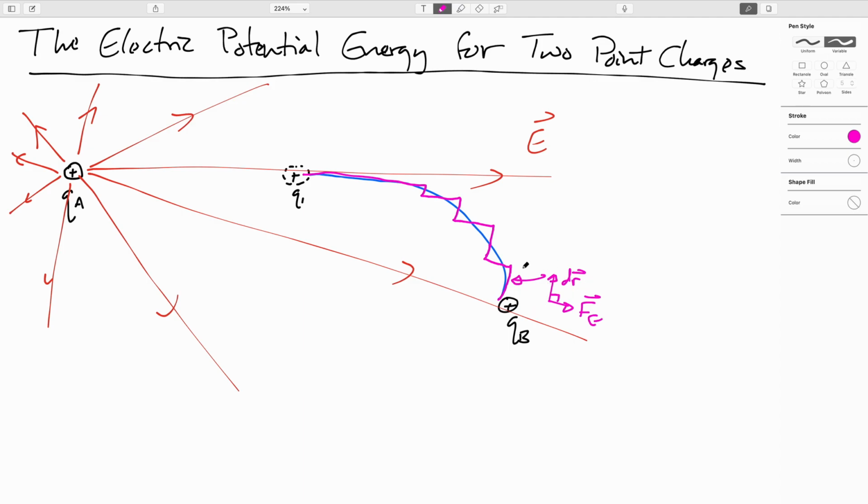So along this circular arc segment, the work done by the electric force is 0. And that's true for every one of these circular arc segments. And along these other segments, it's just going to depend on the initial and the final radius, because the force and the displacement are collinear.